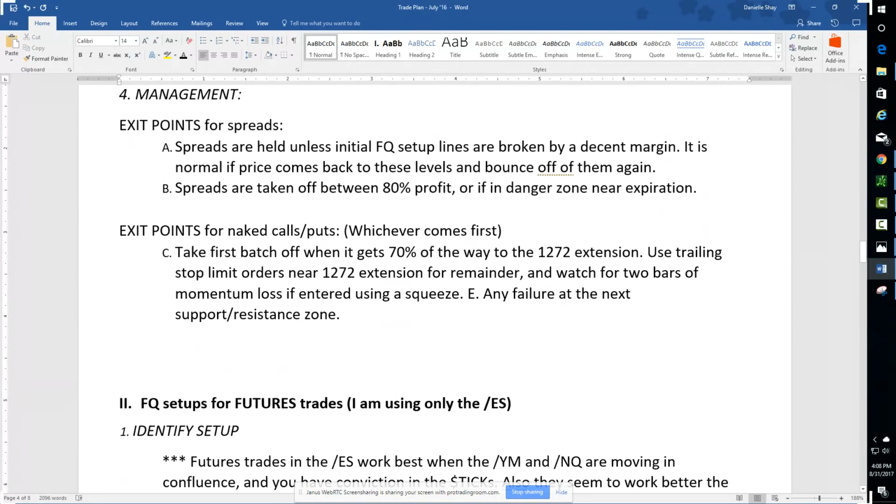It just matters that you write it down and you stay consistent with it. And then for the calls, if I just have calls or puts by themselves, I use a lot of Fibonacci extension targets. I will take the first batch off when I'm at about 70% of my way to the 1272 extension.